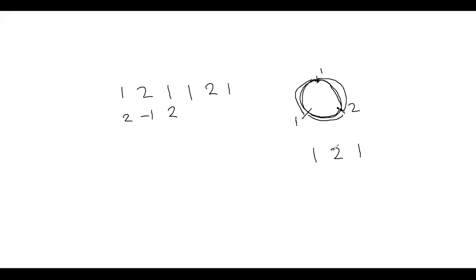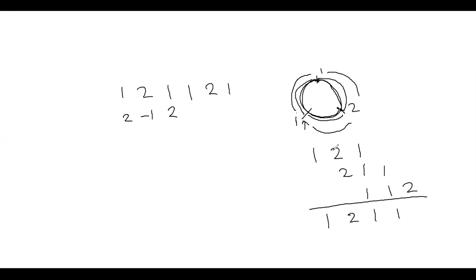So when I'm working here, my numbers are 2, 1, 1, right? Now when I'm working for this guy at this place, I will look at this, this, and this. So when I'm working here, I will be looking at 1, 1, 2. If you merge these three things, what are you going to get? 1, 2, 1, 1, 2, right?